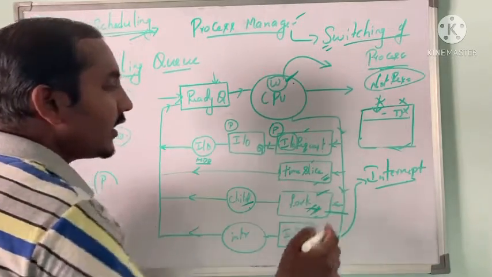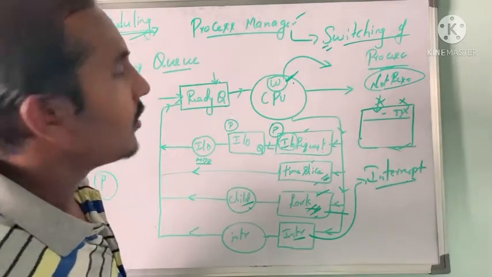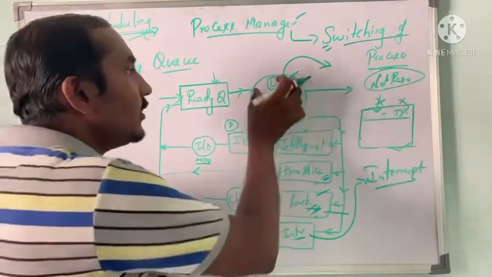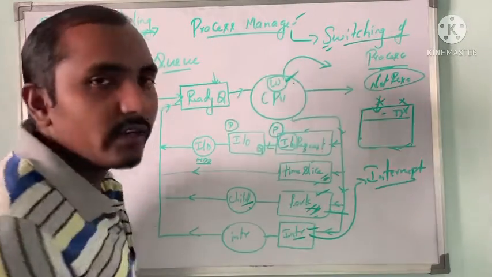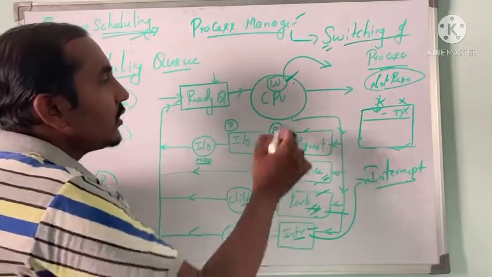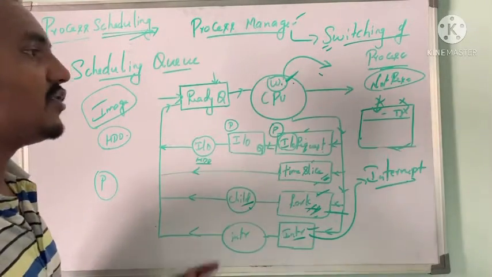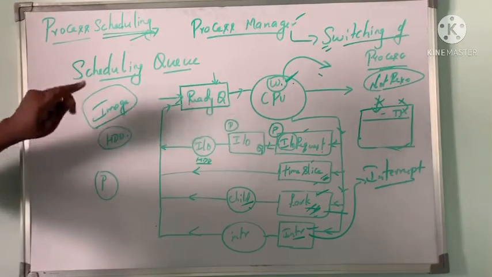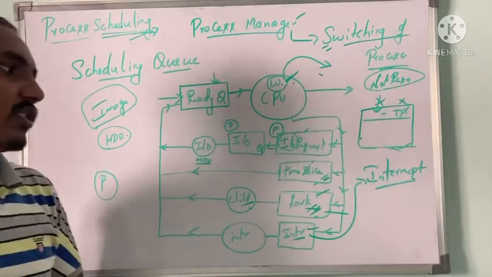Whenever you create a new sub process, like connecting MS Word for mail merge or something like that, Word will be removed from the CPU. And for an interrupt, whenever you connect a pen drive or something like that, Word will be removed from the CPU, after which another process will be loaded onto the CPU, where it will be executed. This is considered process scheduling, and we have discussed what a scheduling queue is. Okay, so this is about the scheduling queue.